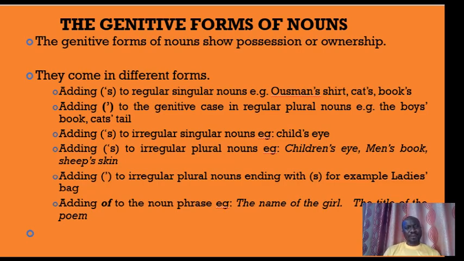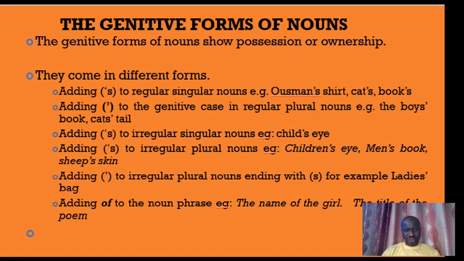Adding apostrophe s to irregular singular nouns, for example, Charles's eye. Now, fourth, adding apostrophe s to irregular plural nouns: children's eye, men's book, sheep's skin.